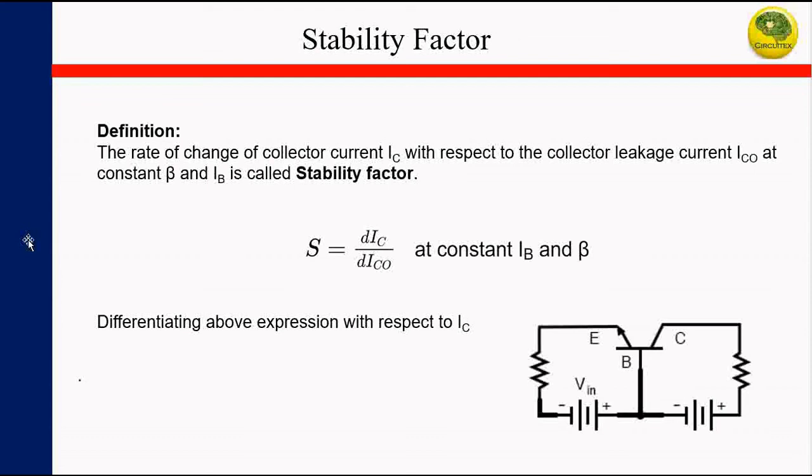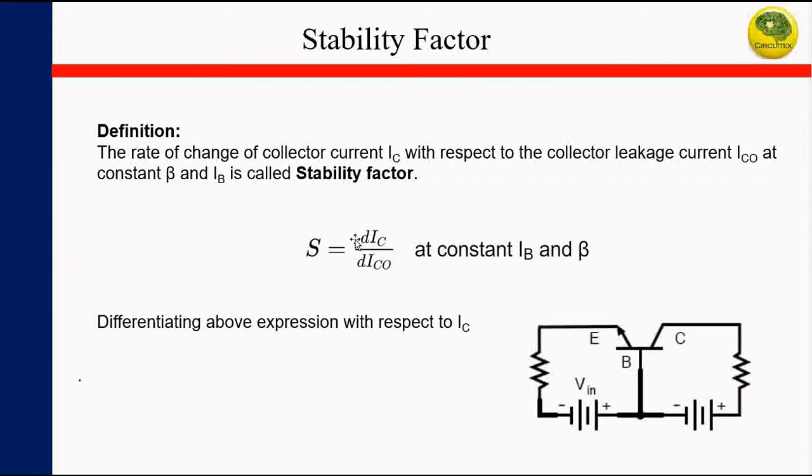So the extent to which a biasing circuit is successful in maintaining this is measured by the stability factor, denoted by S, which equals the change in IC divided by the change in ICO, that is dIC divided by dICO, at constant IB and beta value.